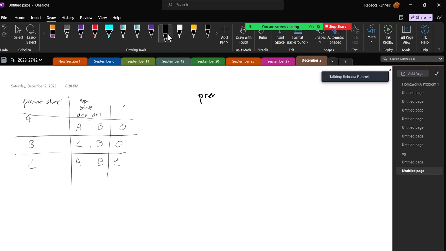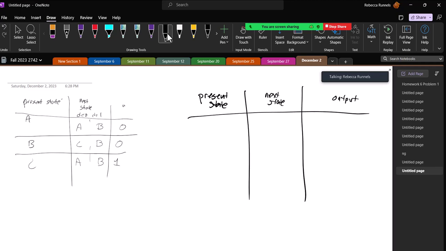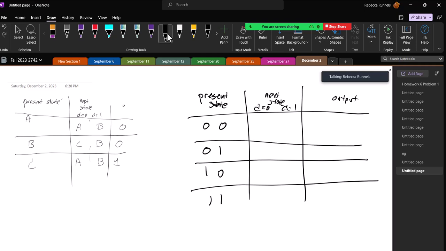So present state, next state, output. For lack of any reason to do otherwise, I'm going to call this A 00, B 01, C 10. I do have to account for 1, 1. I have to account for every possibility. Now for 1, 1, I'm going to put in don't cares.